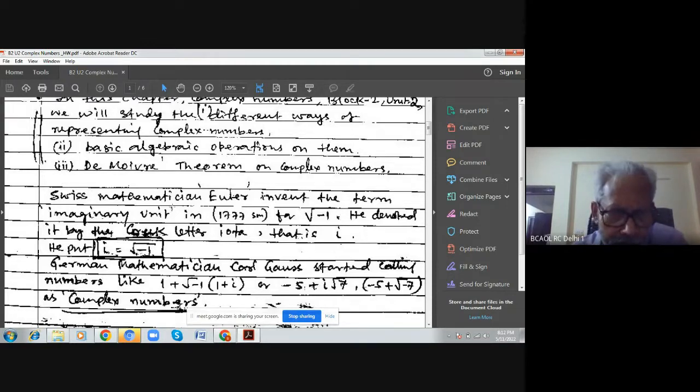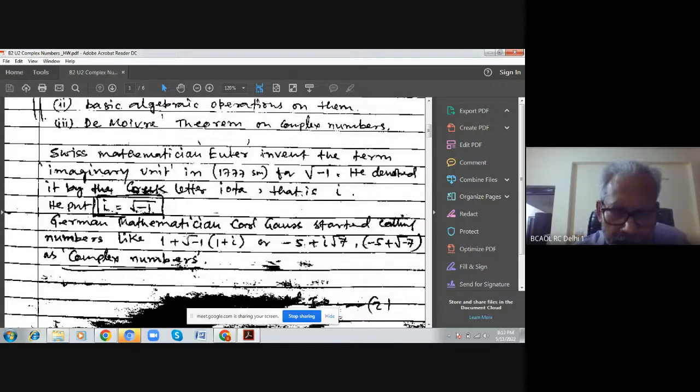He denoted it by the Greek letter iota, and we put i equal to root over -1. After that, the German mathematician Carl Gauss also standardized these things. So many researches were going on, and finally we arrived at it.